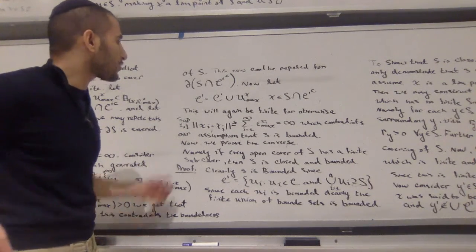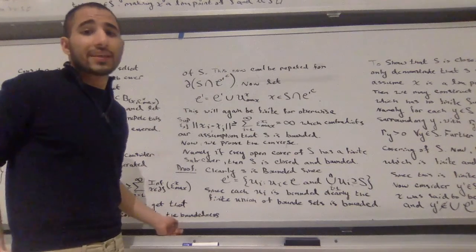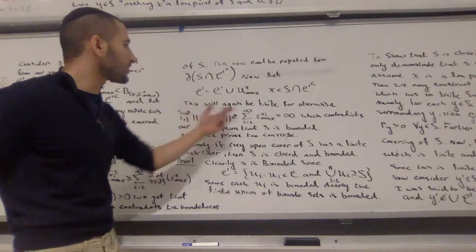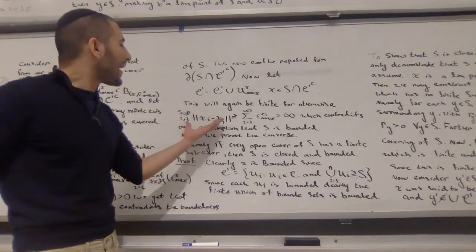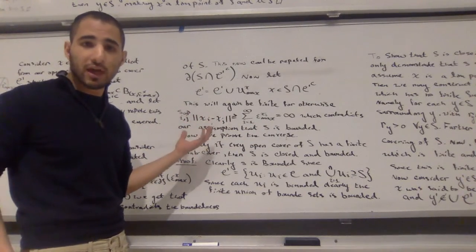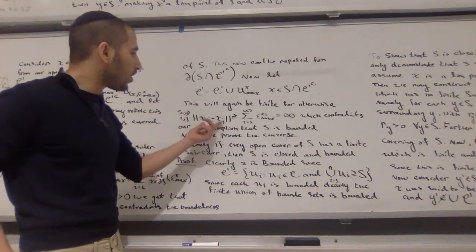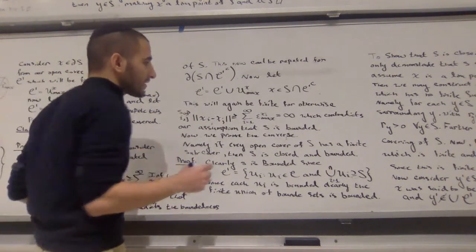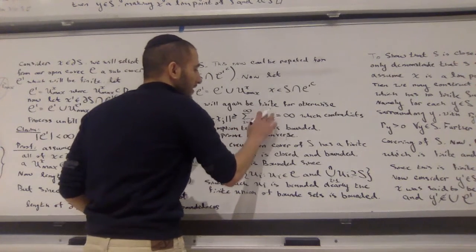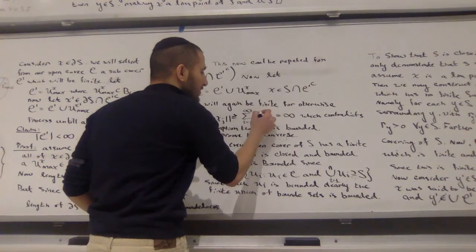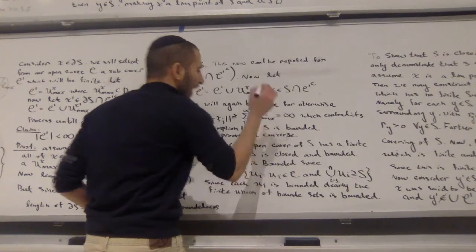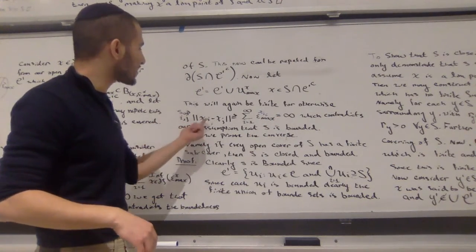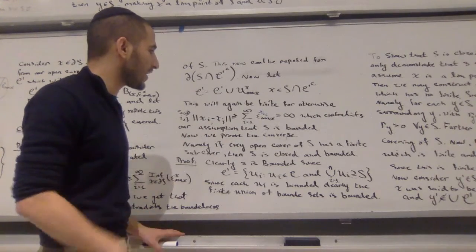Okay. Now the question is, well, will this be infinite? We claim that the answer is no, it will not be infinite. In fact, it will be finite. This will again be finite, for otherwise the maximum difference between any two elements in the set, the supremum over all the elements in the set, will be equal to, and this needs to be a little bit corrected, the sum from i equal 1 to infinity of some subsequence xji, where xji lie directly on the lines connecting xi and xj.